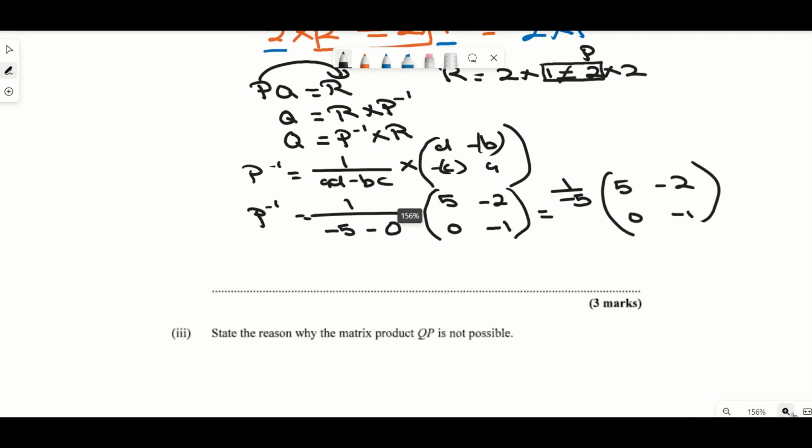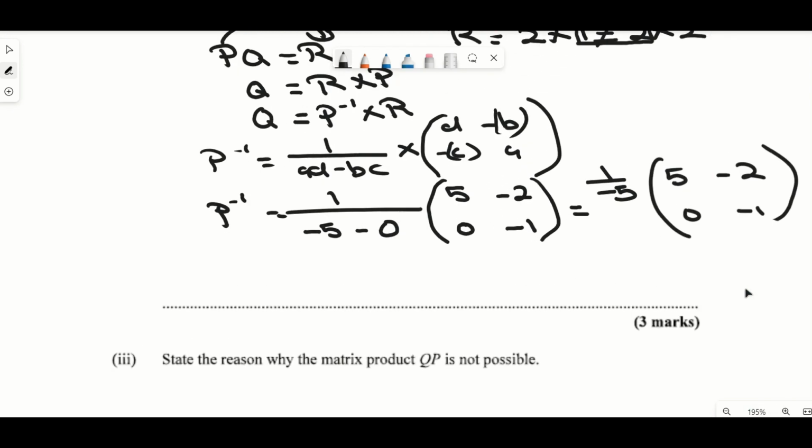So this would be 1 over minus 5 times 5. 5 goes into 5 one time, so it's minus 1. Then it will be positive, a minus and a minus makes a plus, so it will be 2 over 5. 0: anything multiplied by 0 is 0. And then minus 1 over 5 times minus 1 is 1 over 5. So this is your inverse of P.